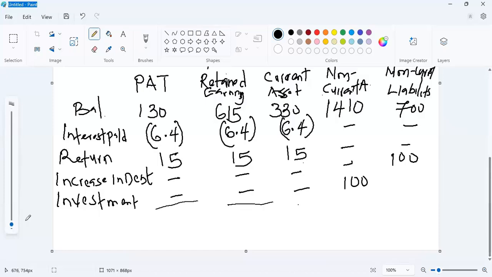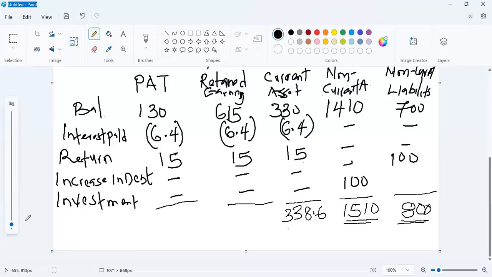The total non-current liability, we have 800. For the non-current asset, we have 1,510. For the current asset, we have 338.6.